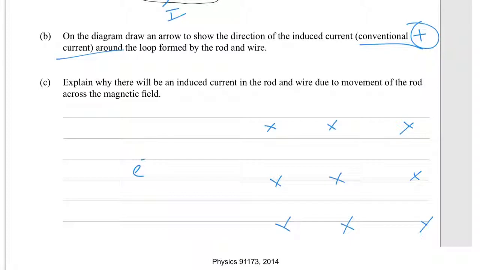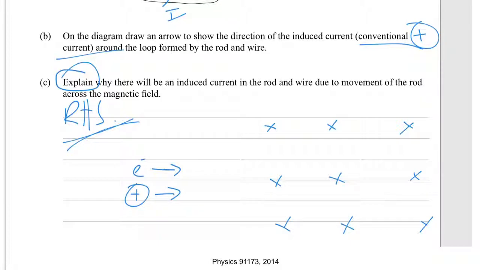Yeah, that's probably going too far. Perhaps you can use the right-hand slap rule and explain how you arrived at your answer using the right-hand slap rule. The other way, as I started to say, is you talk about the electrons and the positive charges in the wire being pushed to the right.